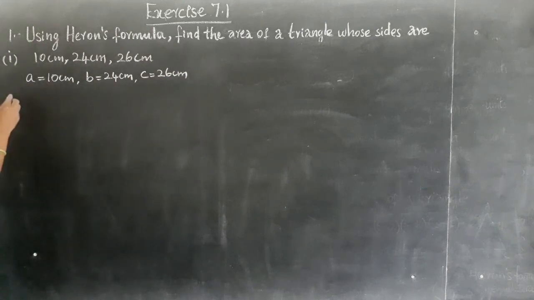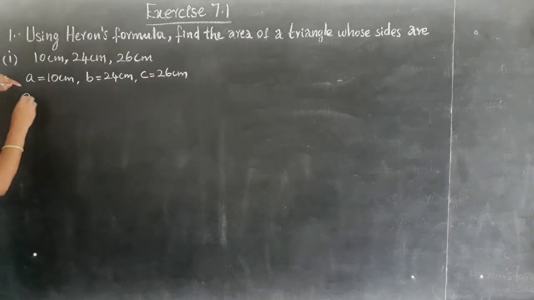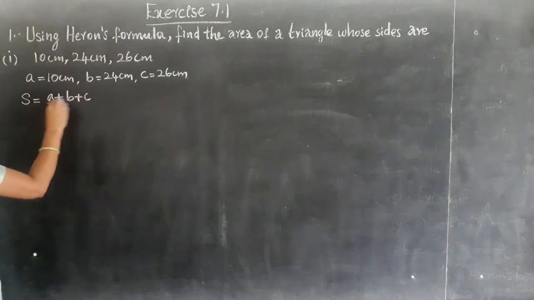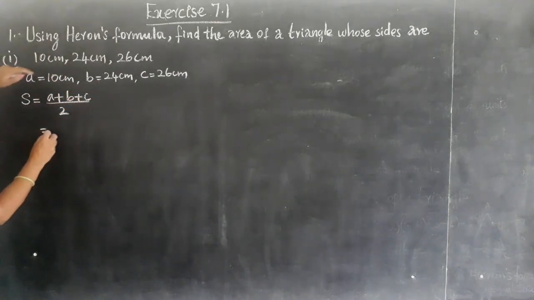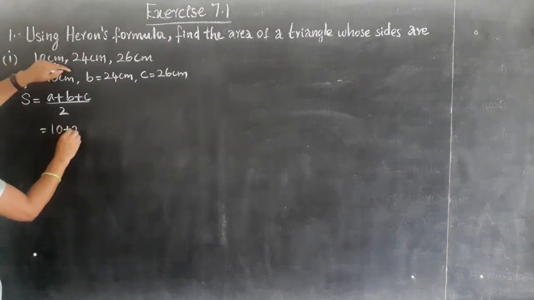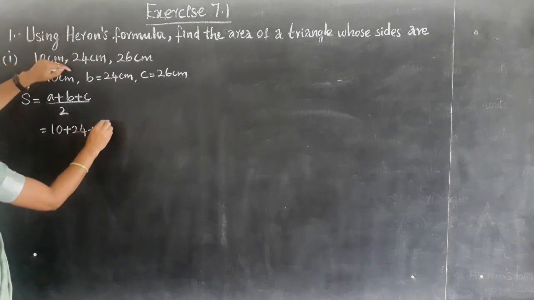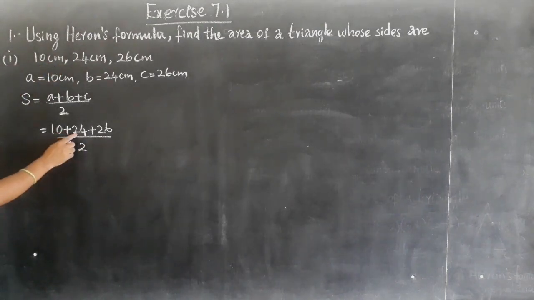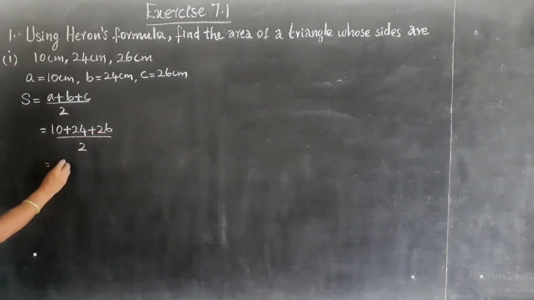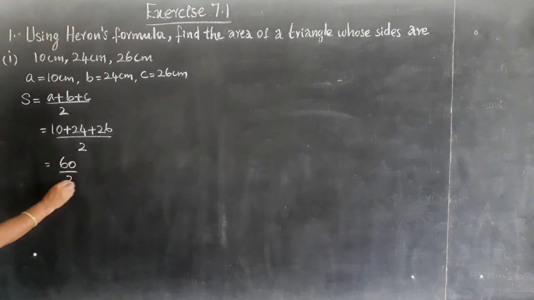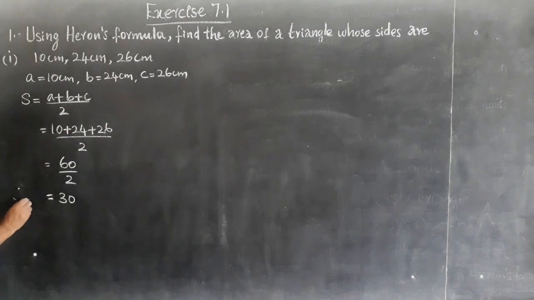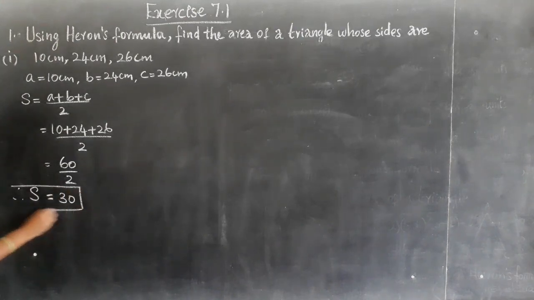Before finding the area of a triangle, let us find the value of S. S is equal to A plus B plus C divided by 2. So 10 plus 24 plus 26 divided by 2. 10 plus 24 is 34, 34 plus 26 is 60, divided by 2 is equal to 30. Therefore S is equal to 30.